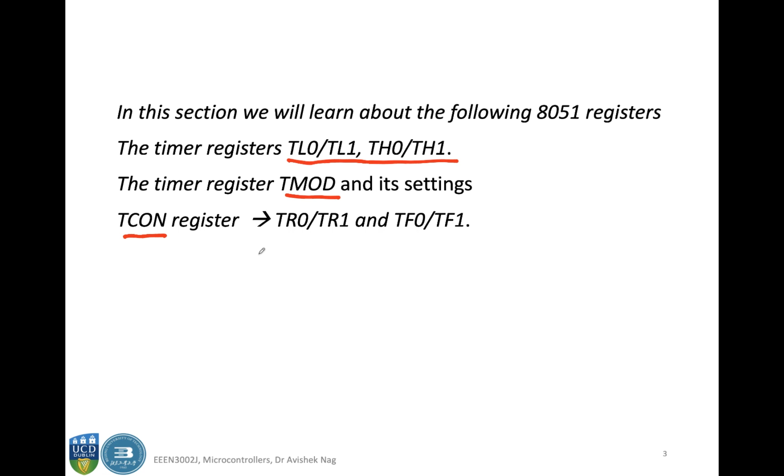So there will be some sensor detecting the goods that are coming on a conveyor belt, and then there can be a microcontroller with a timer that operates in a counter mode that can count the number of units detected. Okay, so we will get through these examples later during this semester, but let's now start and see the concepts of the timer.